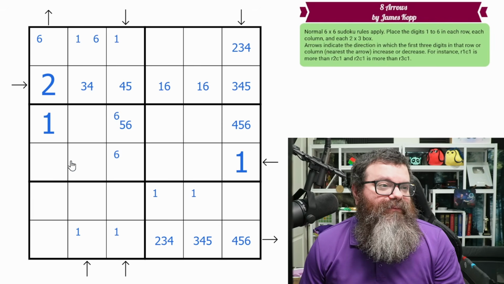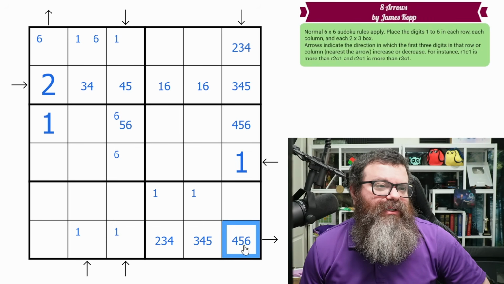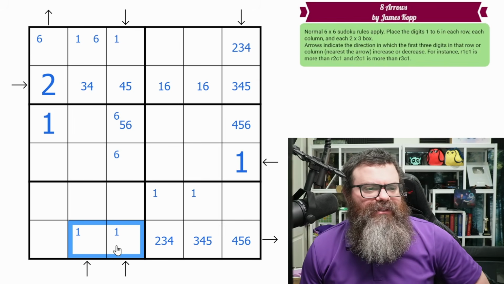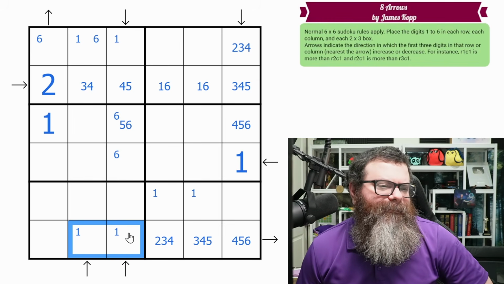Do we have... I don't think there's any Sudoku to do. We know the 1's up here. The 6 could be here. So we know these aren't 6, I suppose. They're also not 5, so these aren't 5 or 6. I don't know what to do about that.